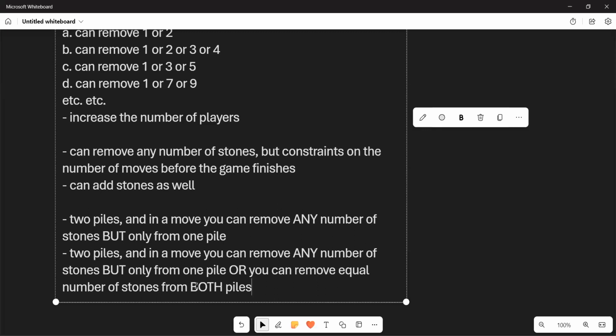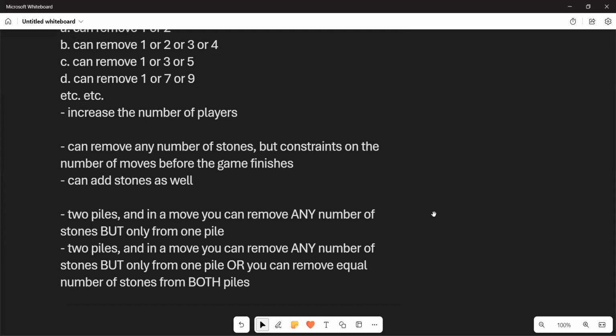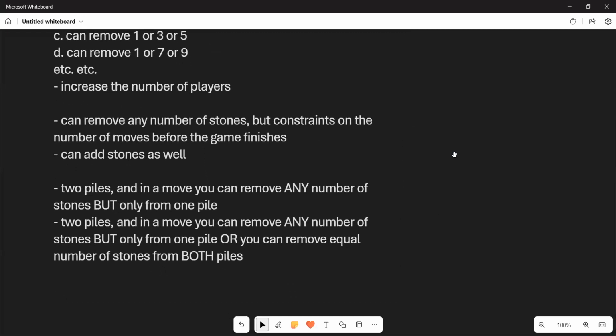If there are 50 and 50 piles, you can just remove 50 from both piles and you win. But what if you have 50 and 100?